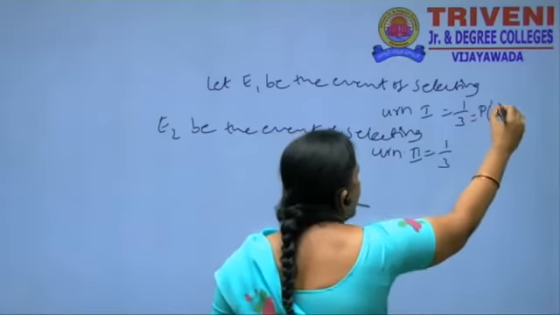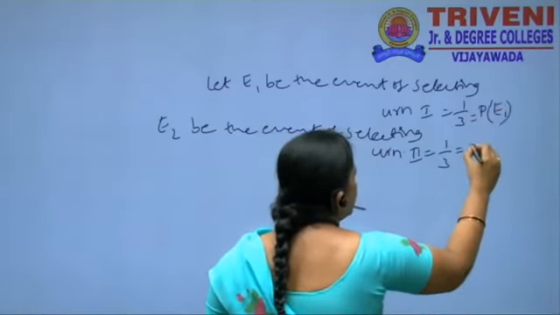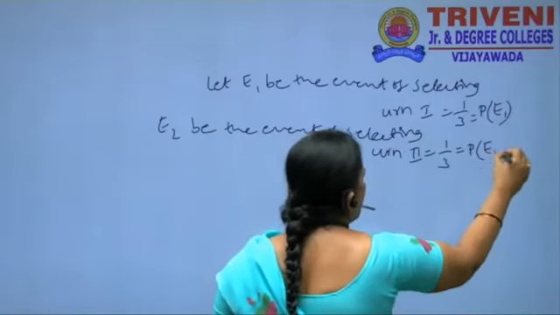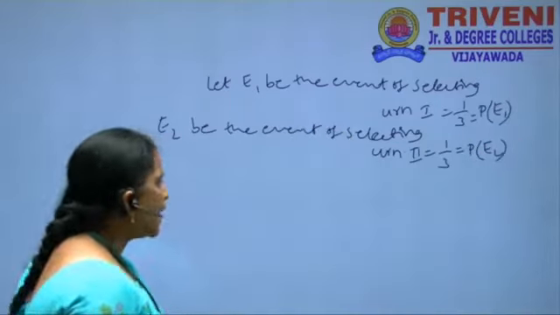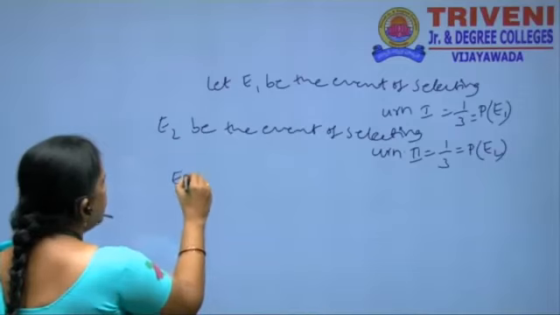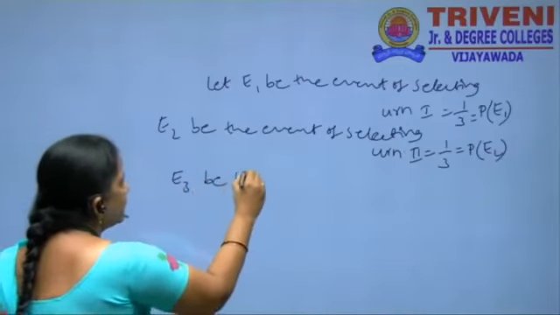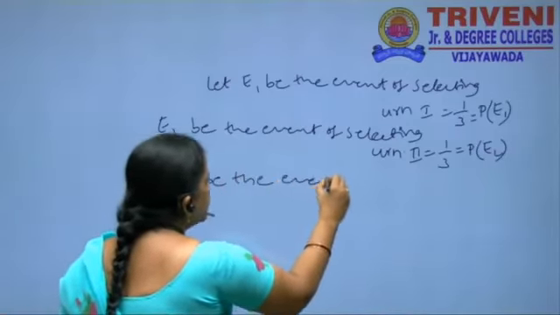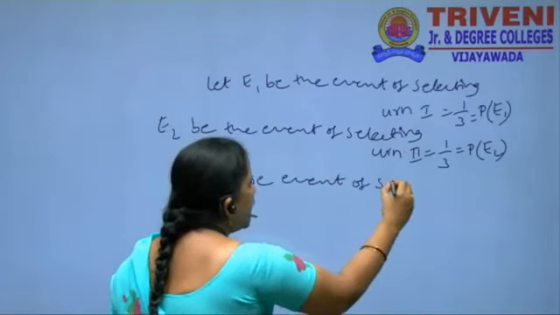It can be taken as P of E1 and P of E2. And the third bag is also there. Then E3 be the event of selecting urn 3.